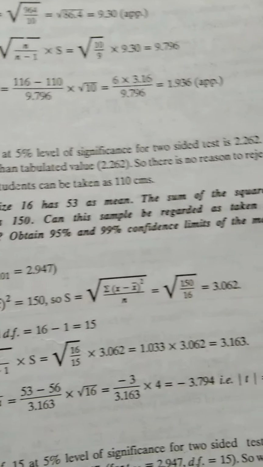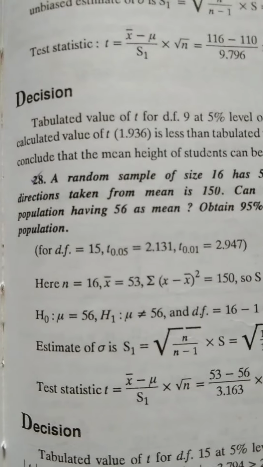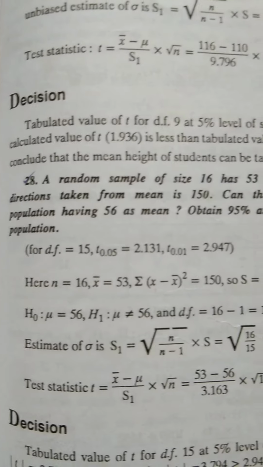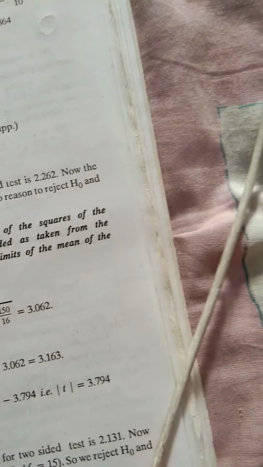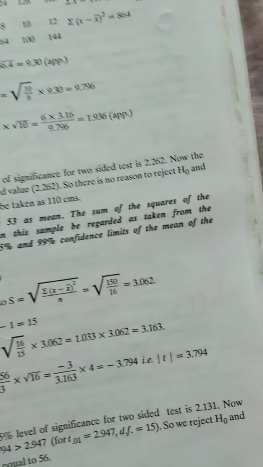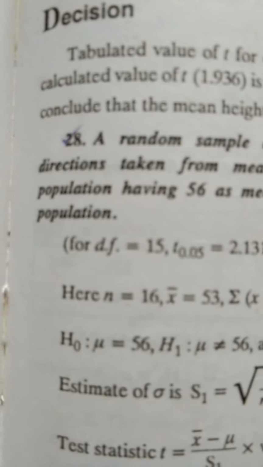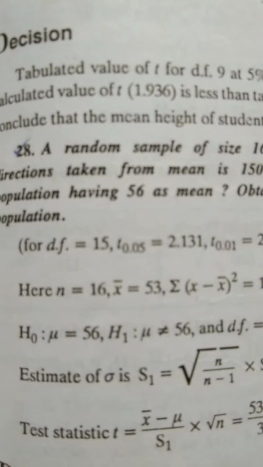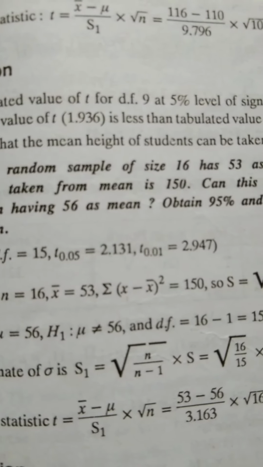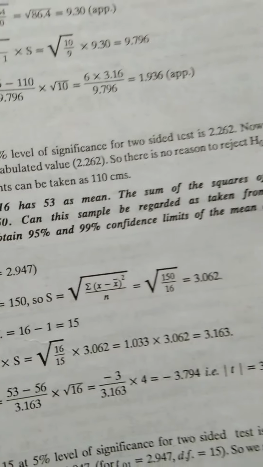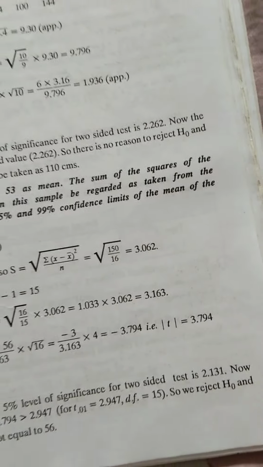Can the sample be regarded as taken from a population having 56 as mean? Then again, the confidence levels are given, the t statistic table: for the degrees of freedom, at 5% level 2.131 and at 1% level 2.947.